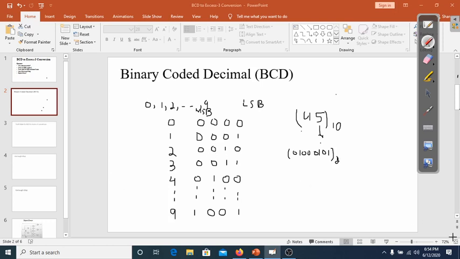Now let us talk about the truth table for BCD to Excess-3.